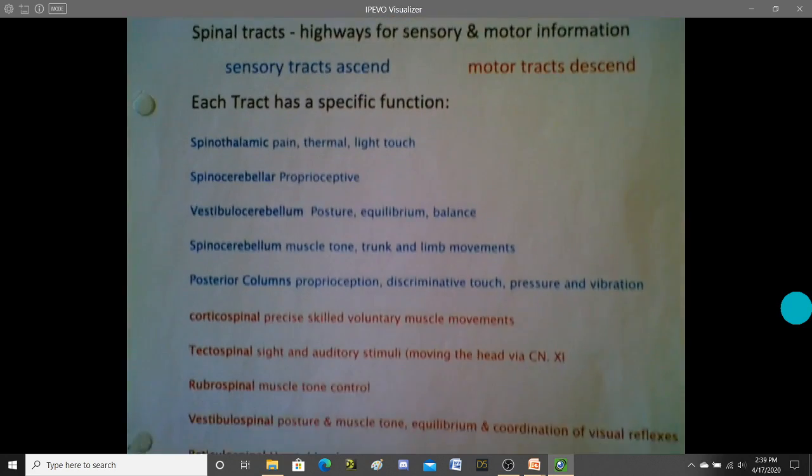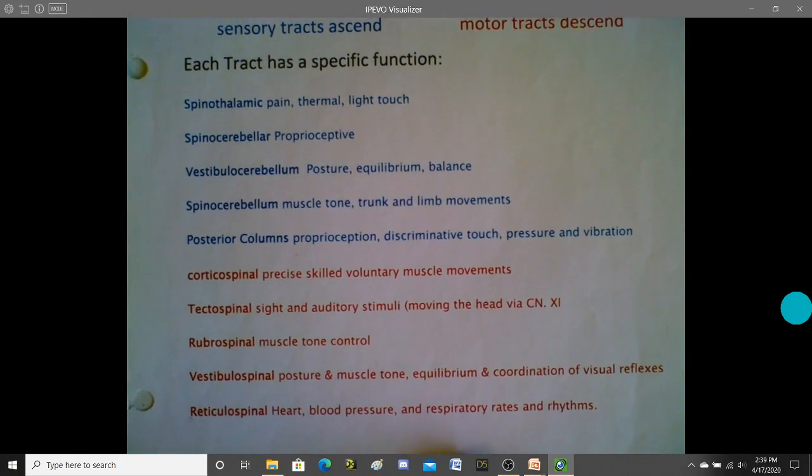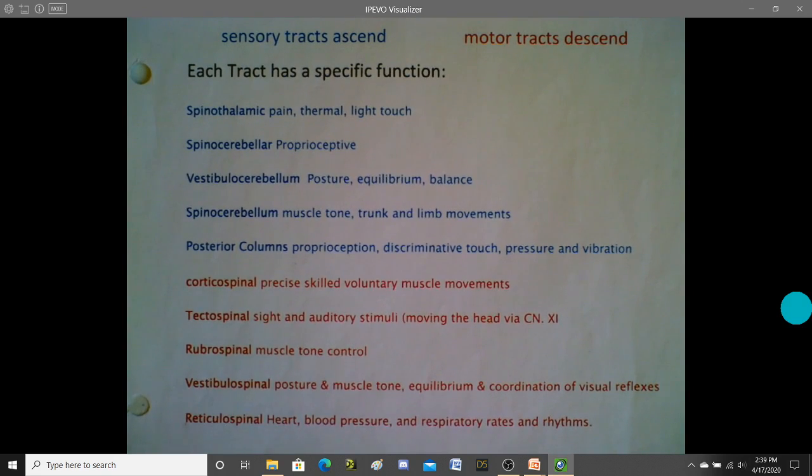Now, let's look at some of these motor tracts. So the motor tracts, we have the corticospinal. And notice, before I even talk about function, you can tell through most of these that it goes from brain to body. See, cortico, like the cortex of your brain, to the spine, spinal. Corticospinal. So it's brain to body.